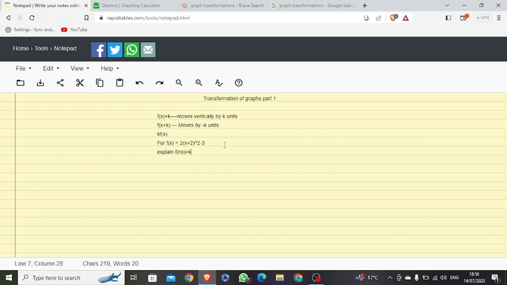For f(nx) plus k, what will happen here is that the function will move up by k units and stretch horizontally by a factor of 1 over n. If you do this, you'll add the intercept, each height, by k.